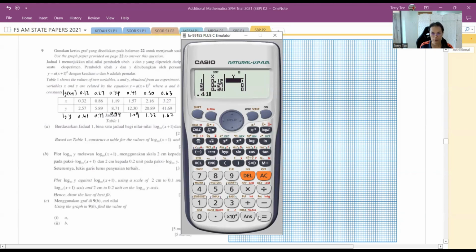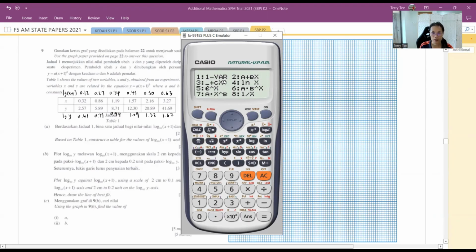The y values are 0.41, 0.77, 0.94, 1.09, 1.32, and 1.62. So I've got all my x and y values keyed in. Then you go to mode, 3 for stats.